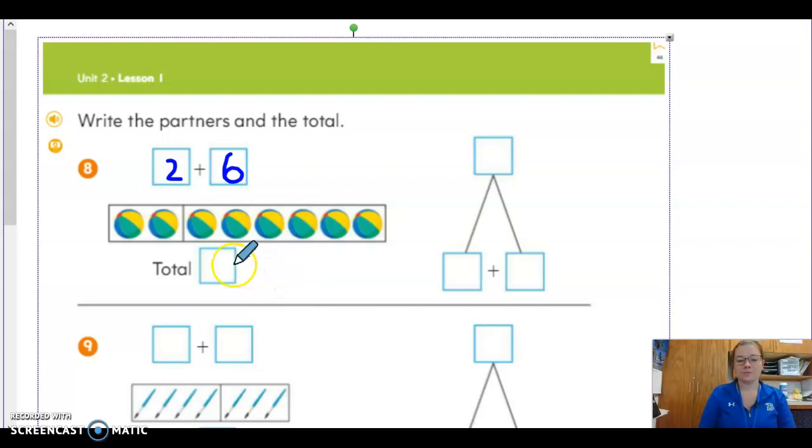Did you get 8? Me too. Okay, now we're looking to our math mountain. We want to see how can we put these numbers in our math mountain. Remember, the total always goes at the top. We take our total, put it at the top. Let's take our two partners, the one on this side and then the one on this side, put them into the bottom of our math mountain where the partners go.